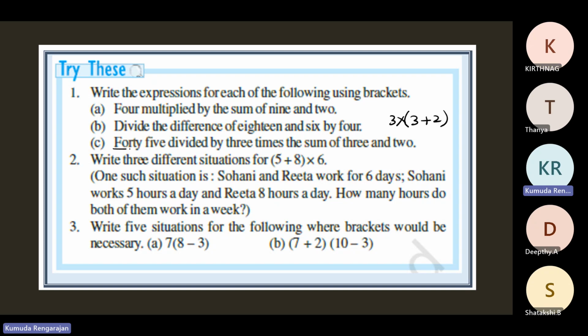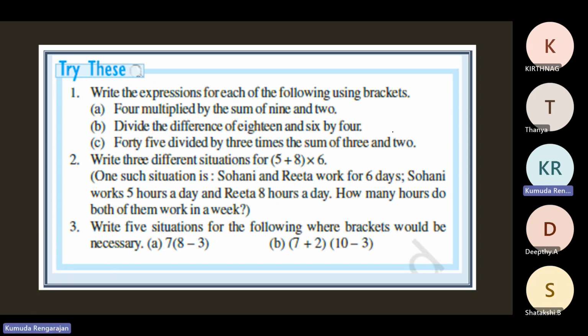Now come from the beginning. 45 divided by 3 times the sum of 3 and 2. So 45 divided by 3 times, meaning 3 into the sum of 3 and 2. Yes, ma'am.